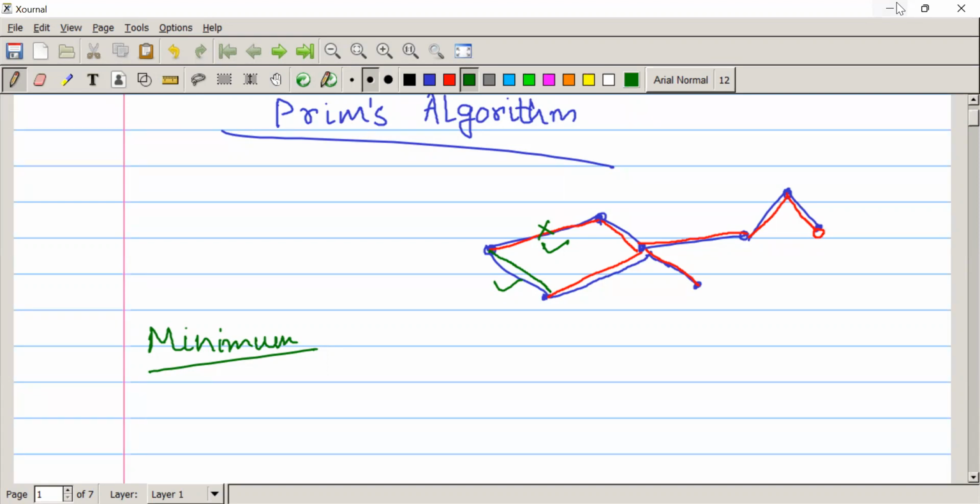Then I'm giving an example and it will be much clearer to you. Suppose this is an undirected graph with some non-negative edge weights given, and we want to find the minimum spanning tree. So suppose we are also given the vertex from which we want to start.